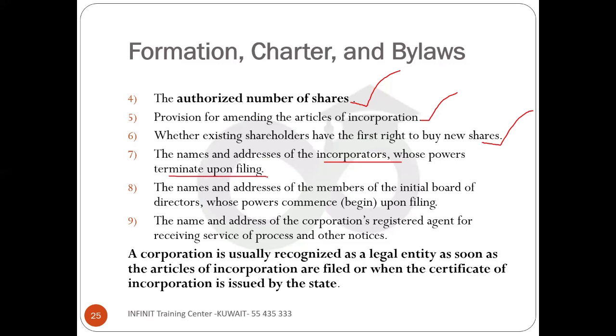So when a company is starting first, who will be doing all the procedures, or who is authorized to do all the procedures? They are incorporators. Once the company is formed, their powers will be terminated. So we call them incorporators.